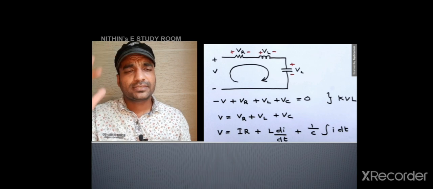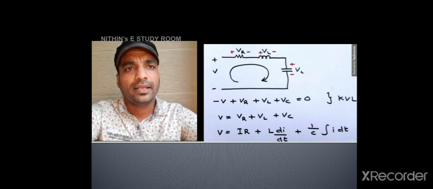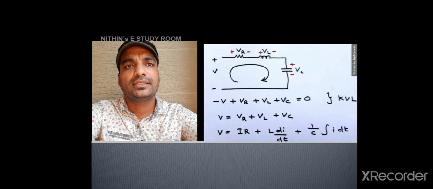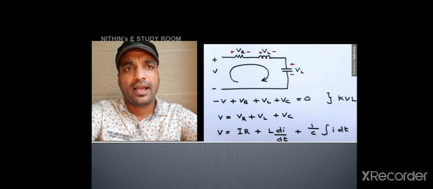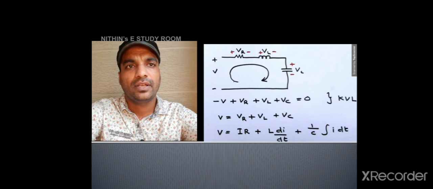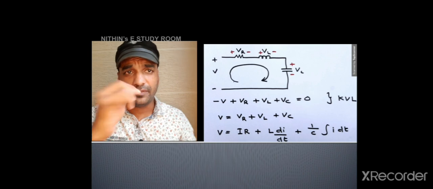KVL equation means I am assuming a loop direction like this, and as the current is entering at this side, this terminal is marked as positive, and for the inductor the current is entering at this terminal, so that is marked as positive, and for the capacitor the current is entering at this terminal, so that is also marked as positive.